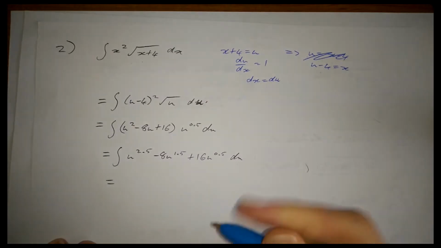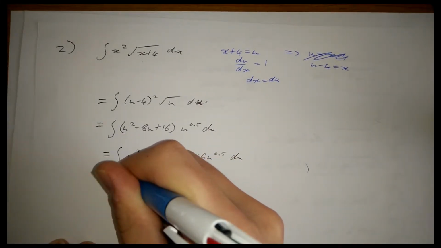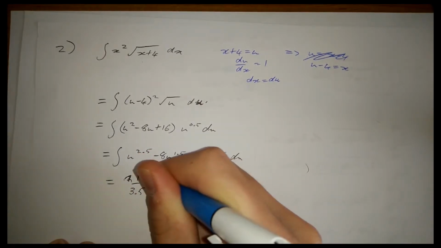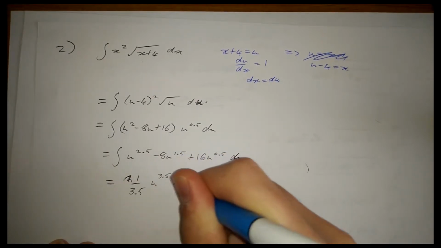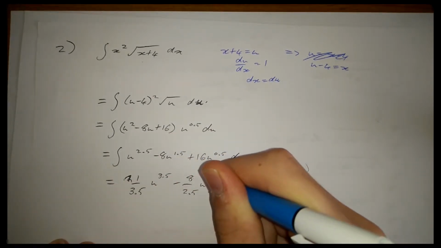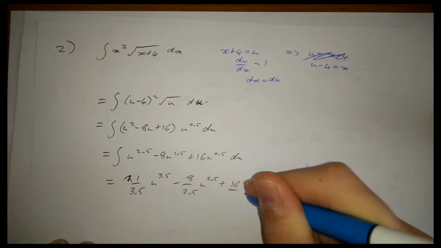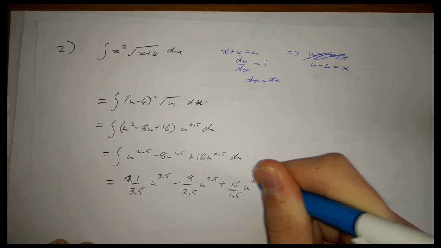Now just simple integration. So that would be 1 on 3.5 u to the 3.5, bit unorthodox my working, minus 8 on 2.5 u to the 2.5 plus 16 on 1.5 u to the 1.5.